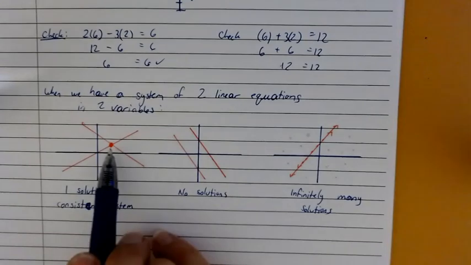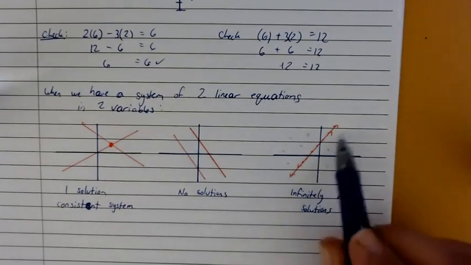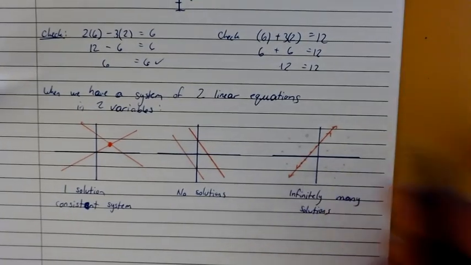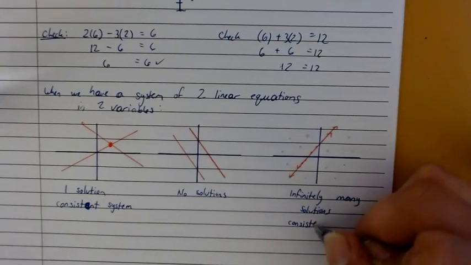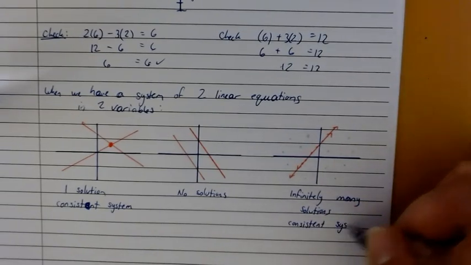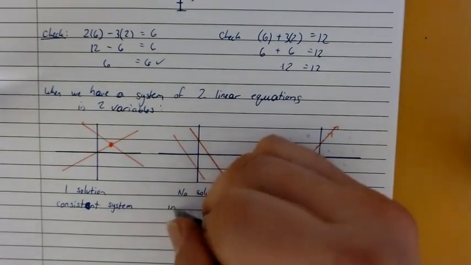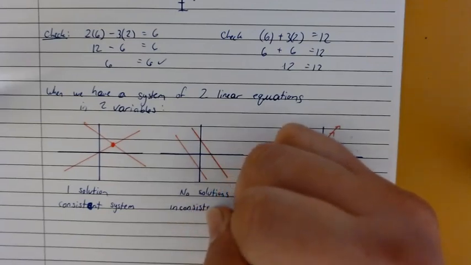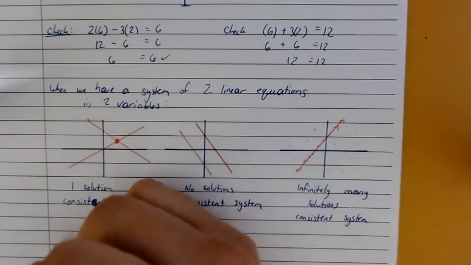In fact, there's exactly one. This is also a consistent system because it has at least one solution. Infinitely many is at least one. This one has no solutions, so this is called an inconsistent system. Not consistent. Inconsistent system.